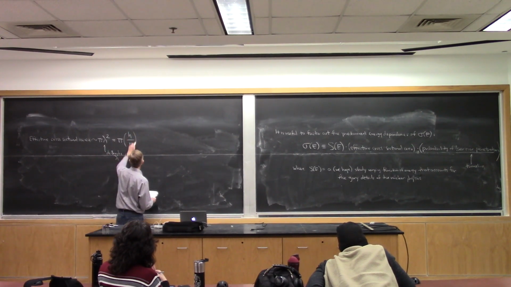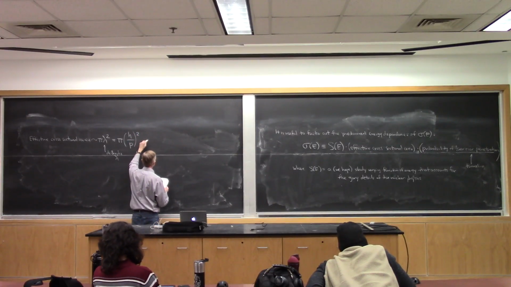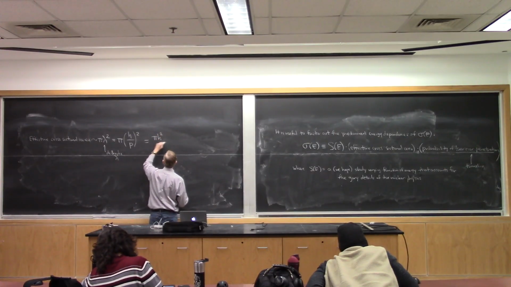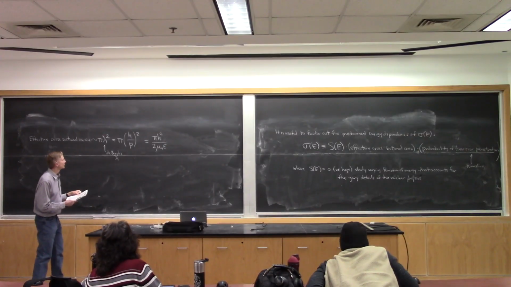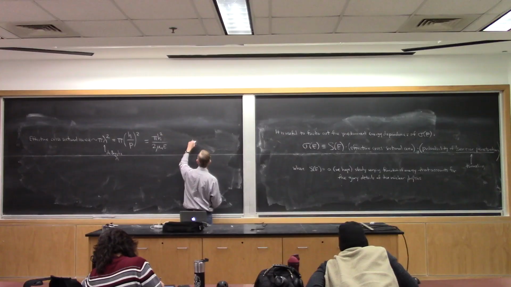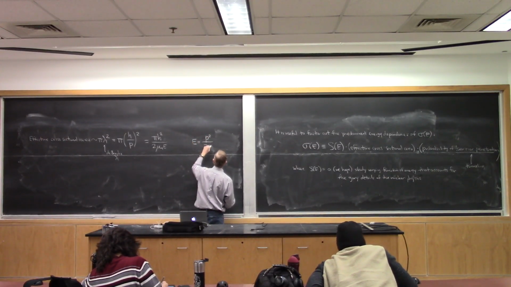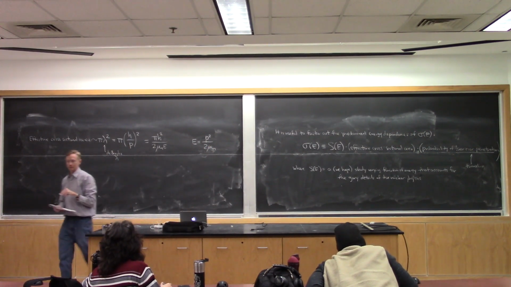The de Broglie wavelength is h over p, so the area goes like pi h squared over 2 reduced mass times E. Remember that E is one half mu v squared, but it's also p squared over 2 mu.